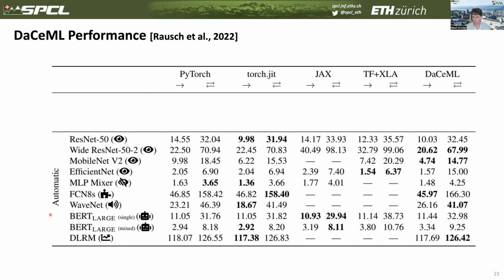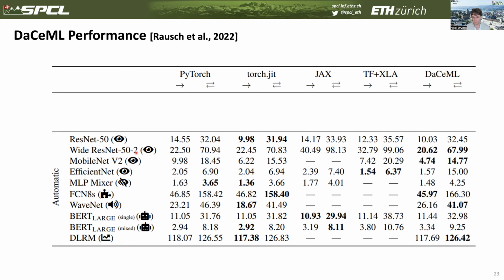DaCeML supports a wide variety of neural networks with our automatic optimization, from things like ResNet 50 to WaveNet and DLRM. And on all of these, we are at or beating the state-of-the-art for performance in both forward and backward propagation. And in fact, you can see this library jail that I was talking about before.